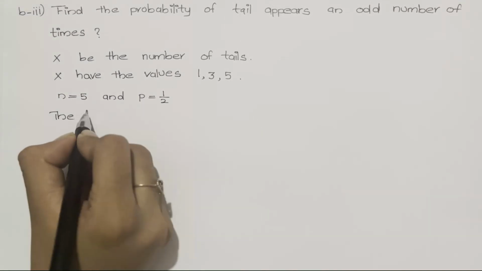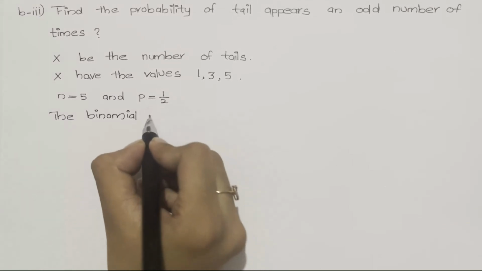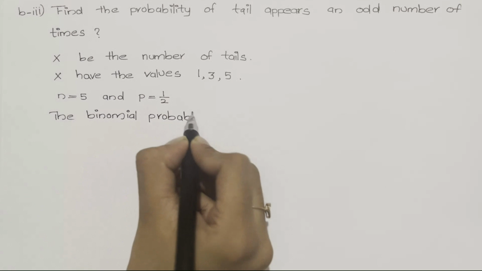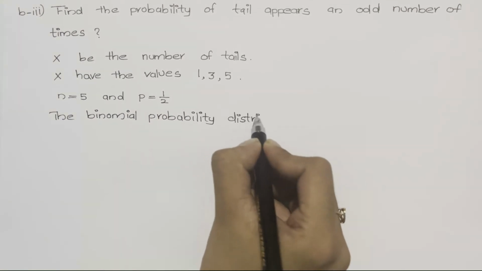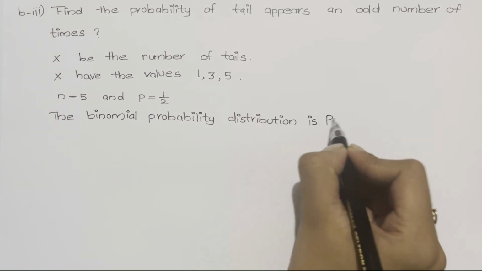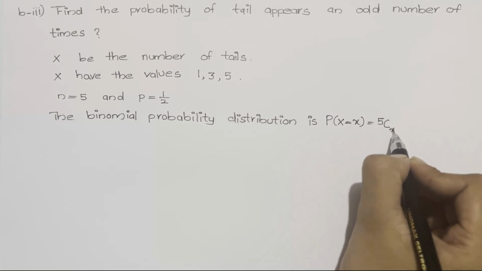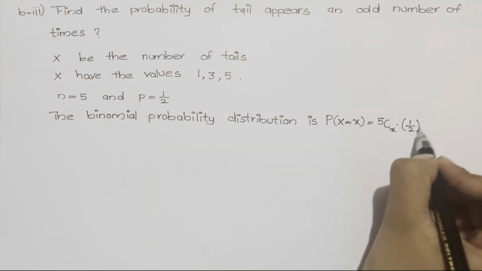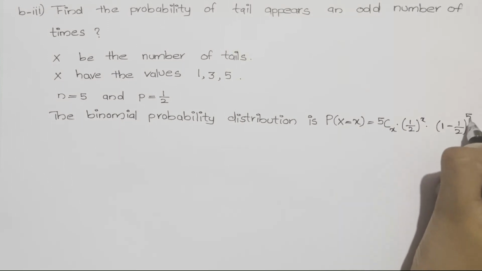Thus, the binomial probability distribution is P of x equal to 5Cx into (1 by 2) whole raised to x into (1 minus 1 by 2) whole raised to 5 minus x.